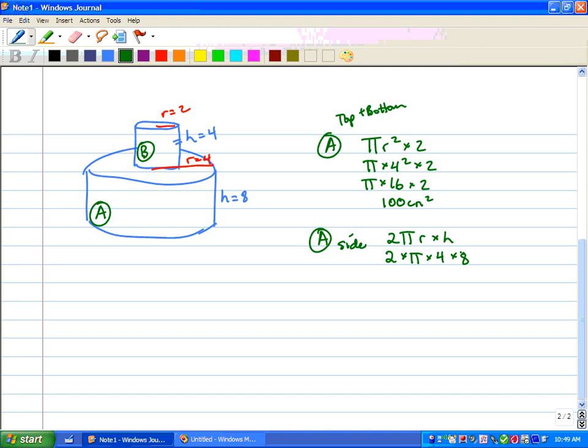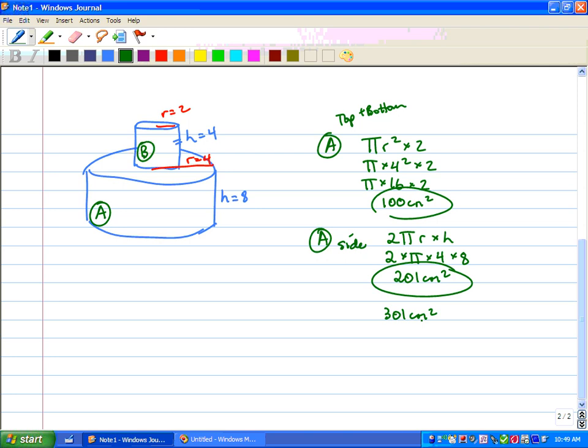Again, we unravel that paper towel, and we'll get that length, and that length equals our circumference, which is just the perimeter of a circle. So altogether, we get 2 times pi times 4 times 8, and we get 201 centimeters squared. All right. We're going to add these up, and we get 301 centimeters squared. That's the surface area of our bottom cylinder.